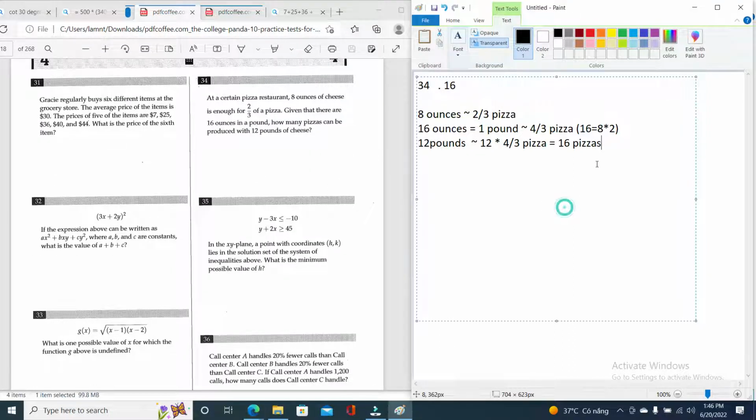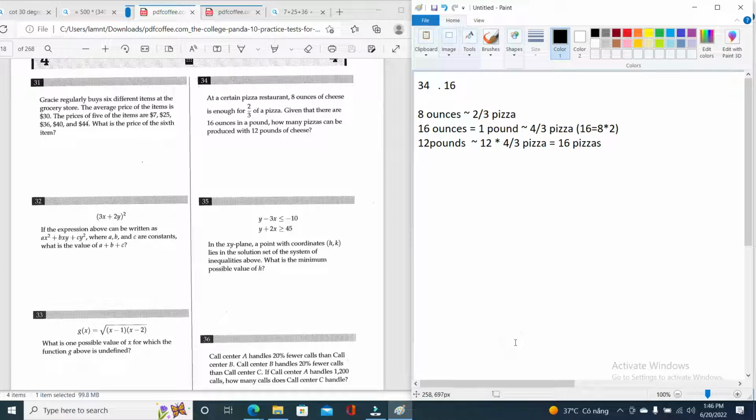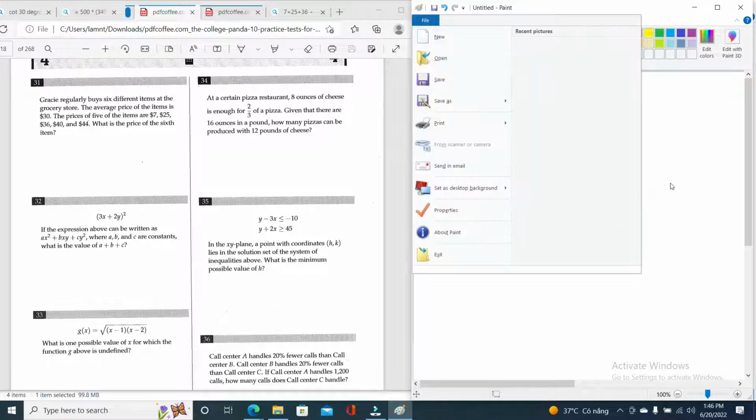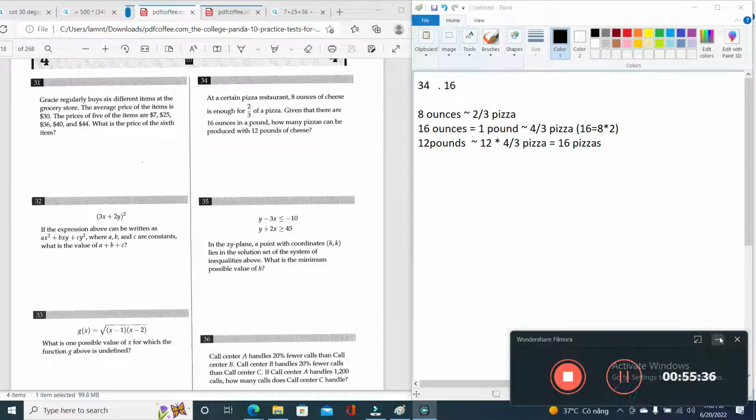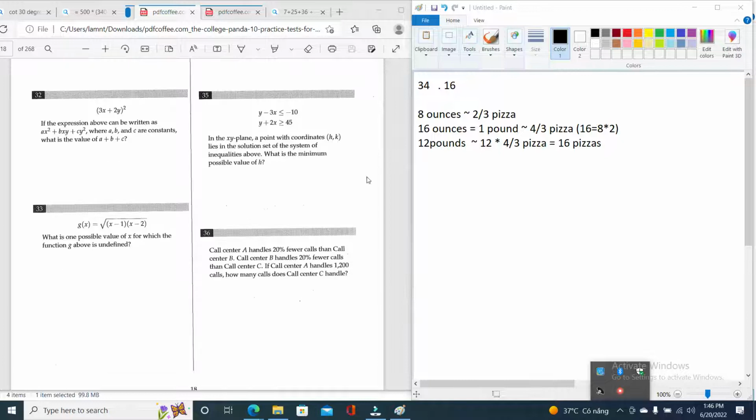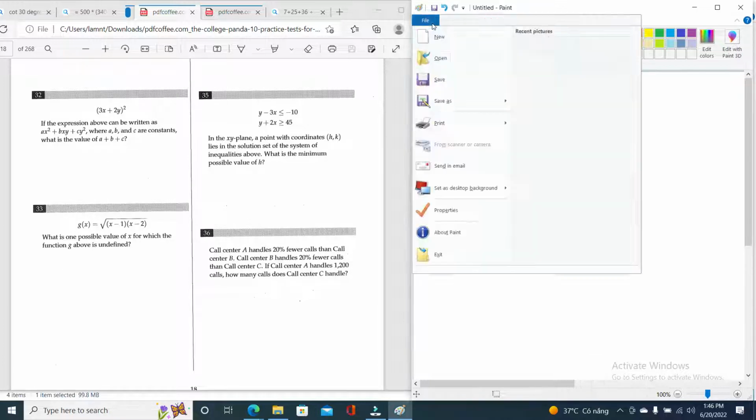Right, 35. Okay, so for this one you have to actually write out the system of equations. You have to draw it out. You cannot do it quickly. So 35, new file.